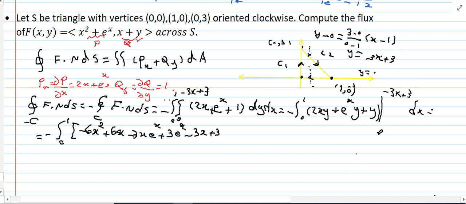If we put y equal to 0, we subtract 0, so we get only 0. After simplification, we can get the integral of 6x minus 3x, and 6x minus 3x will be 3x.